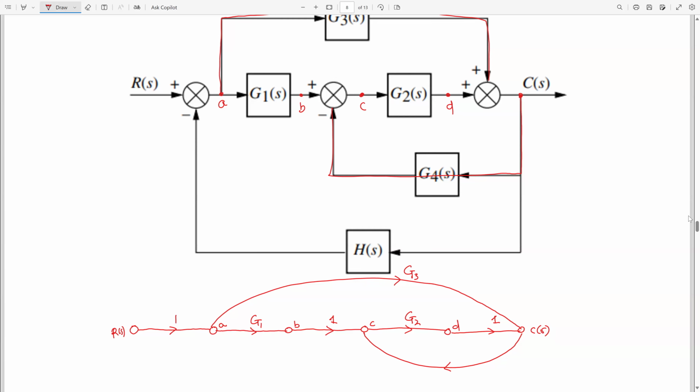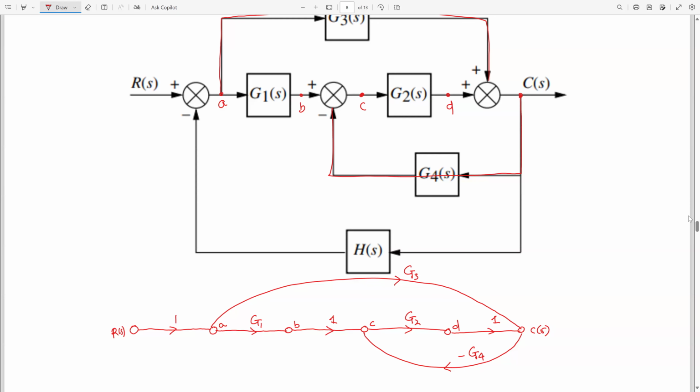And then I show the direction of the signal, and the name of that branch is going to be -G4. And it's minus because of the minus right here. And it's on the C to show that the signal here is the output of the summing junction. I'm sure you're conversant with that one by now.